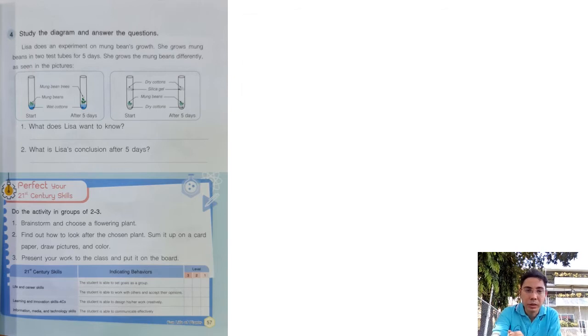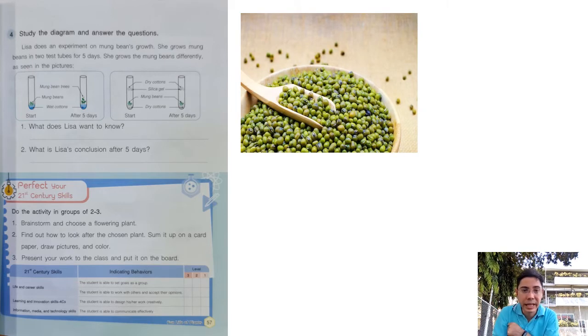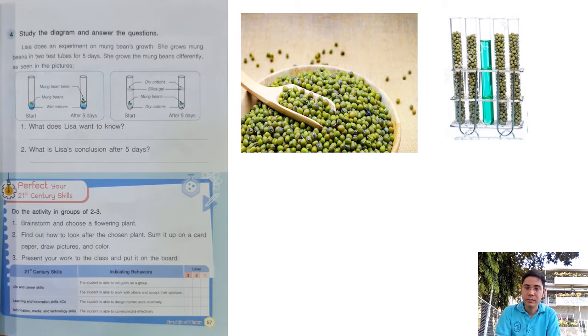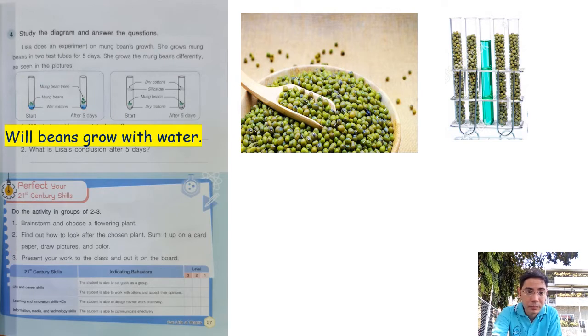Let's find out. This is an example of a mung bean. We eat this. This is delicious. Now, Lisa will put it inside a test tube. Will it grow? Lisa wants to know if water will help the mung bean.